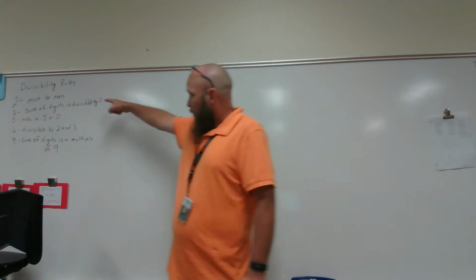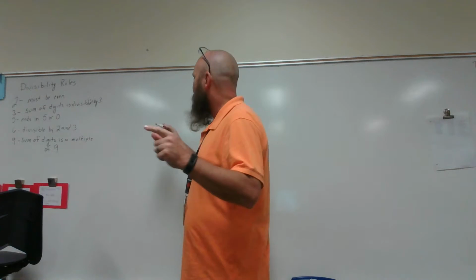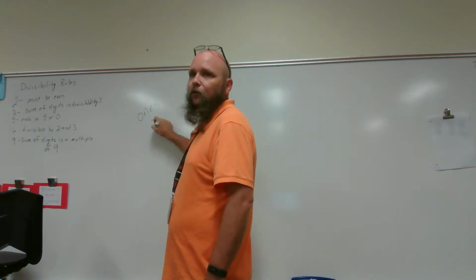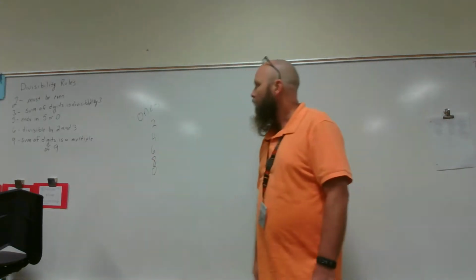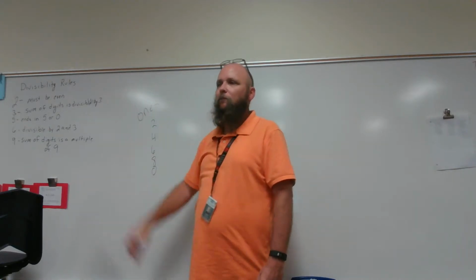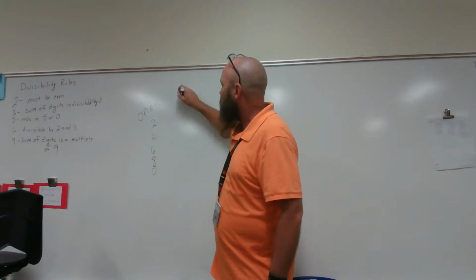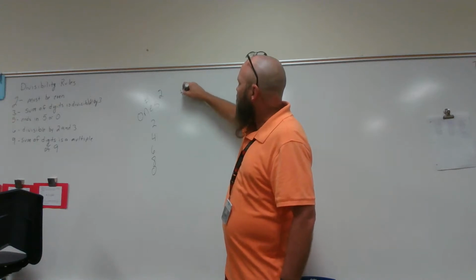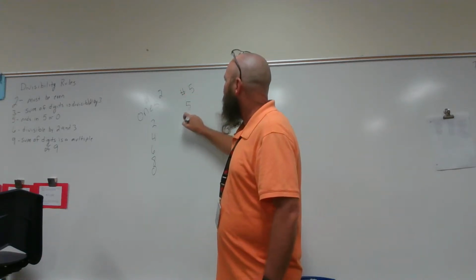So look at the rule for 2: it must be even. That means my ones place has to be a 2, 4, 6, 8, or 0. I can't really do my divisibility rule for 3 yet until I get my number and add the digits up. For 5, the divisibility rule is that it has to end in 5 or 0.